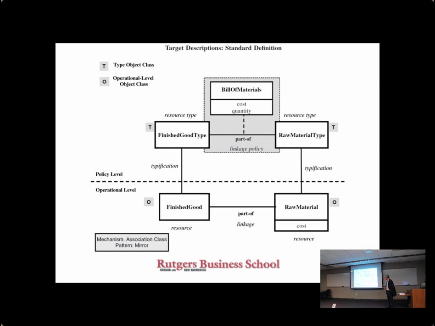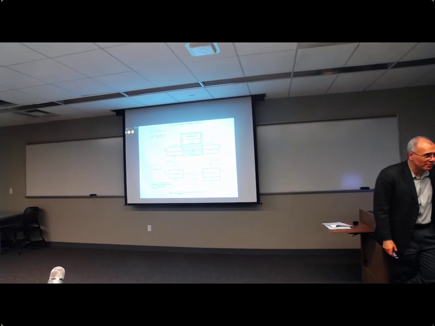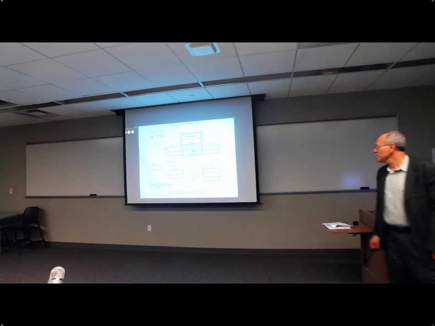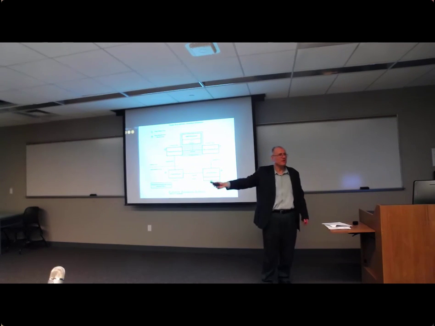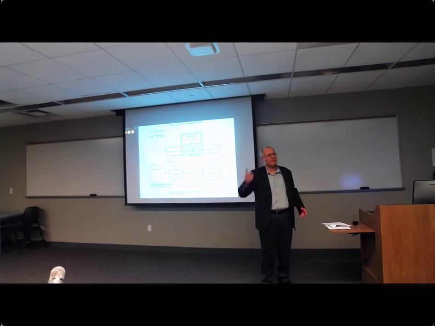A finished product. And there are different types of raw materials. And here we have a many-to-many relationship, right? Between raw materials and finished products. And this many-to-many relationship describes the bill of material, right? Because the same raw material can be in many different finished goods, and a particular finished good typically will use many different raw materials.